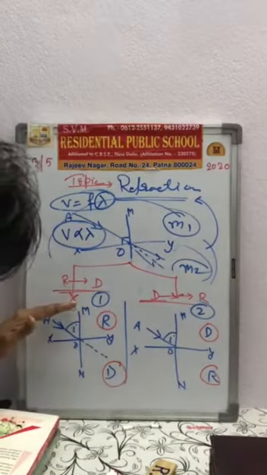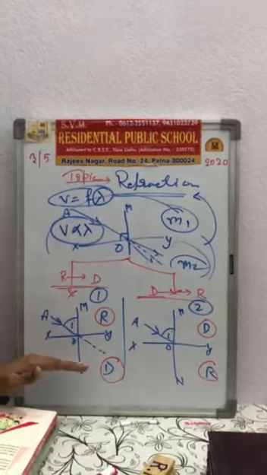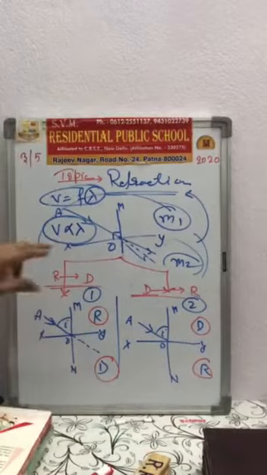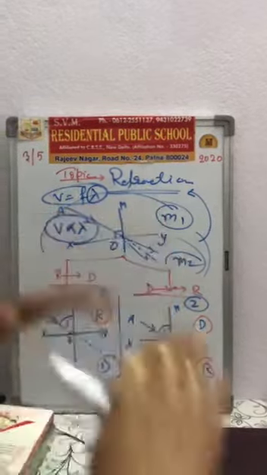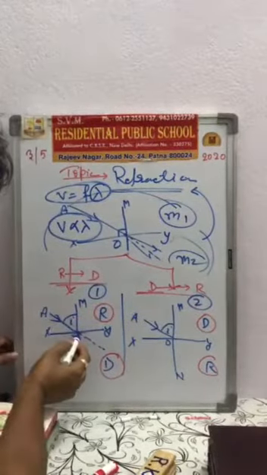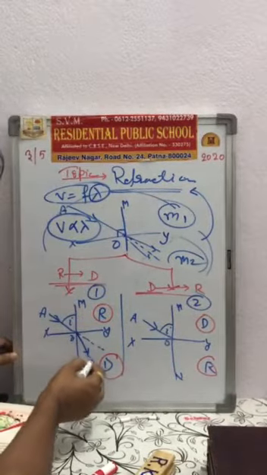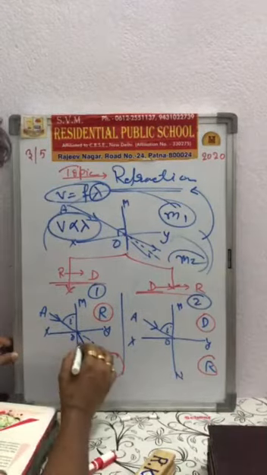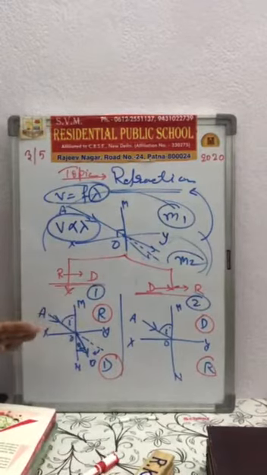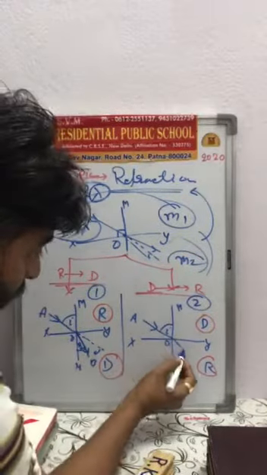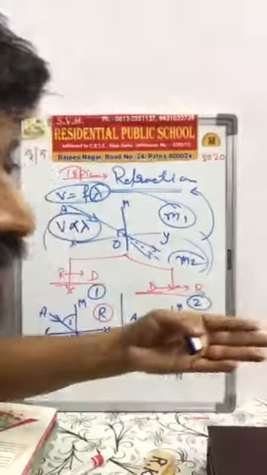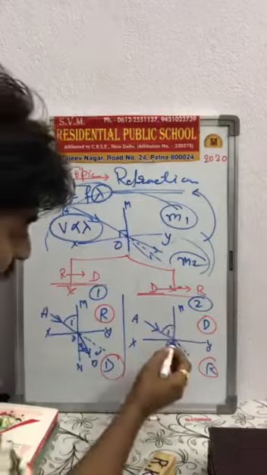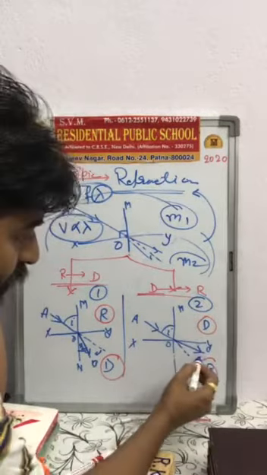So when light passes from rarer to denser, its velocity decreases, because its wavelength decreases, and light bends towards the normal. That is the angle of refraction, R. And when it passes from denser to rarer, its wavelength increases, so its speed increases and light moves away from the normal.